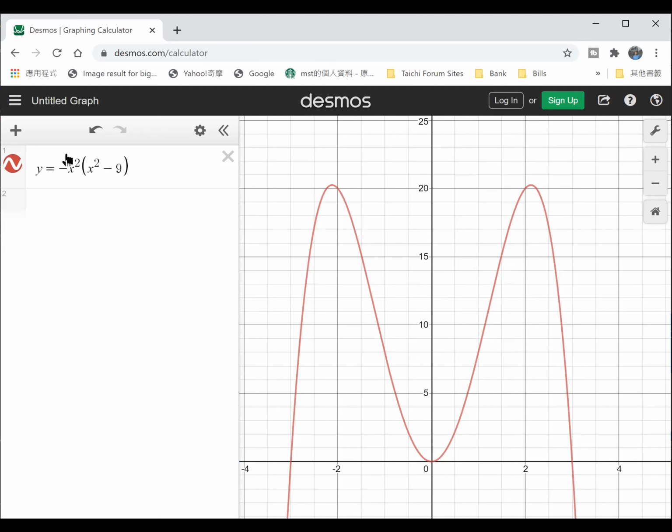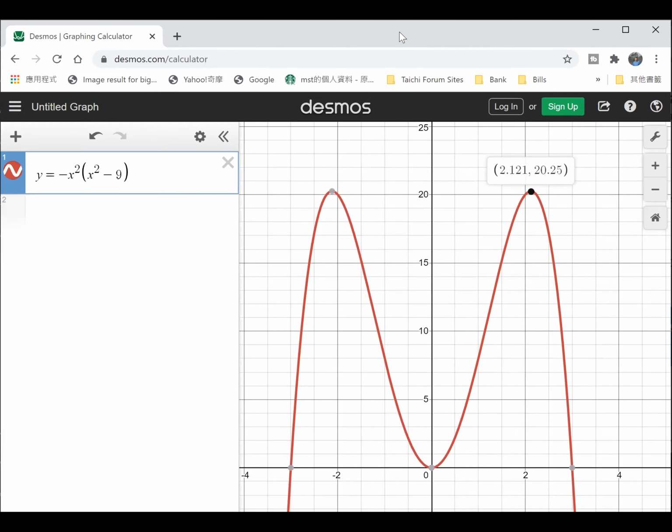You can just use your mouse and touch that location. You can see that it's at 2.121, 20.25. So copy that down: 2.121, 20.25.